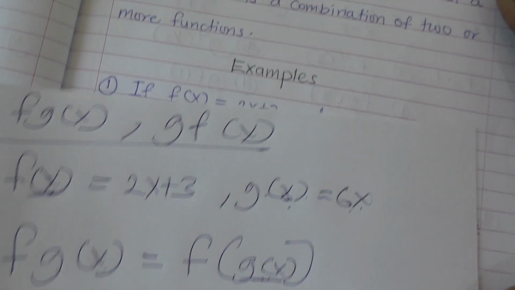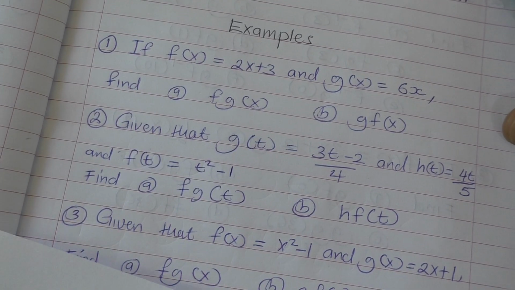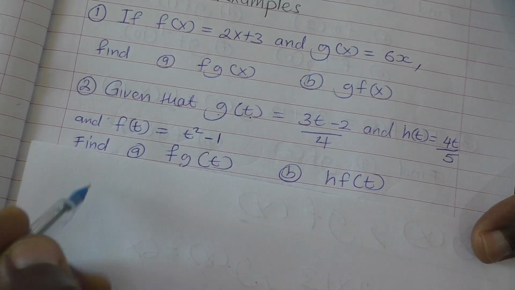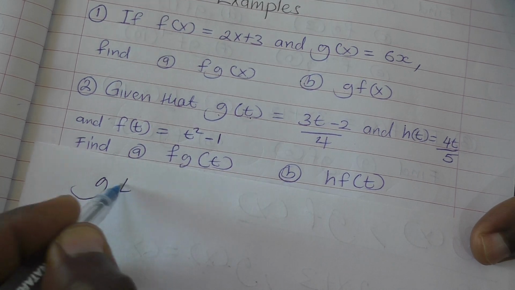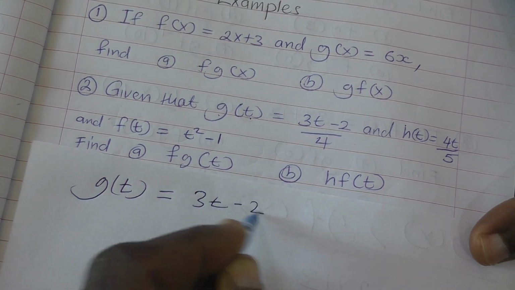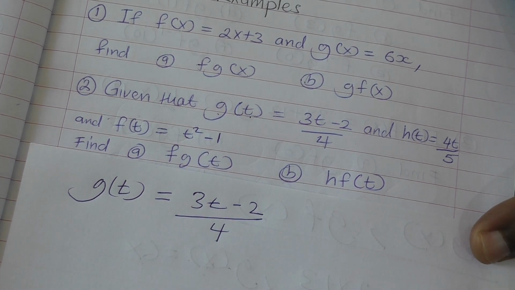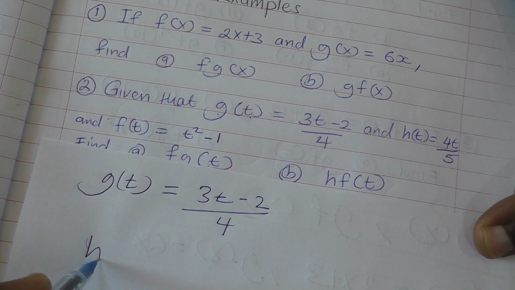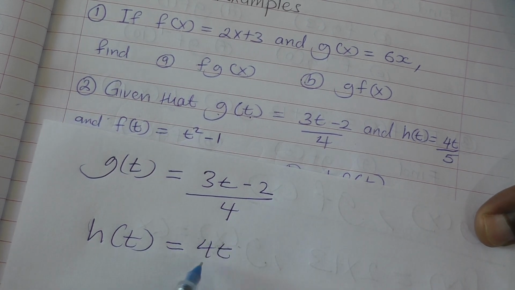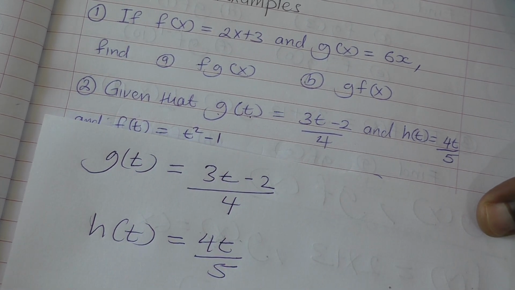Let us look at more examples. In example 2, we are told that g of t equals 3t minus 2 over 4, and h of t equals 4t over 5.